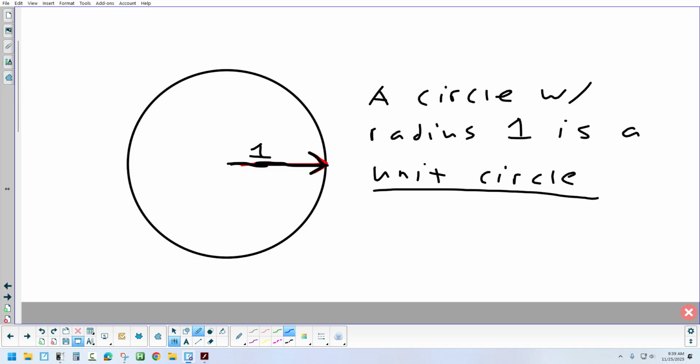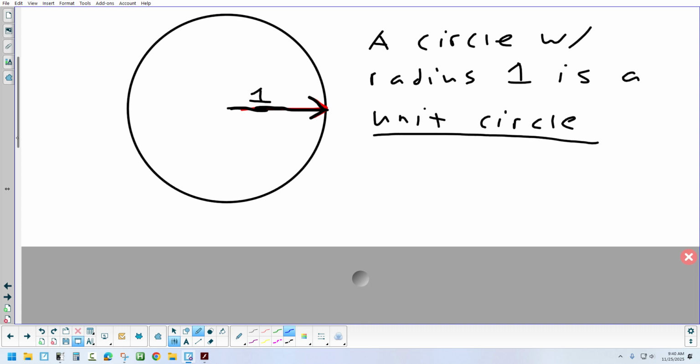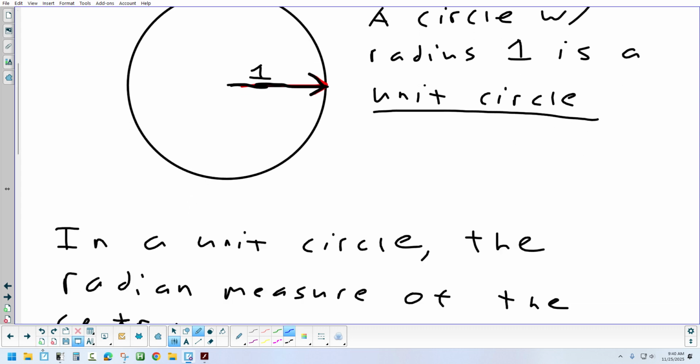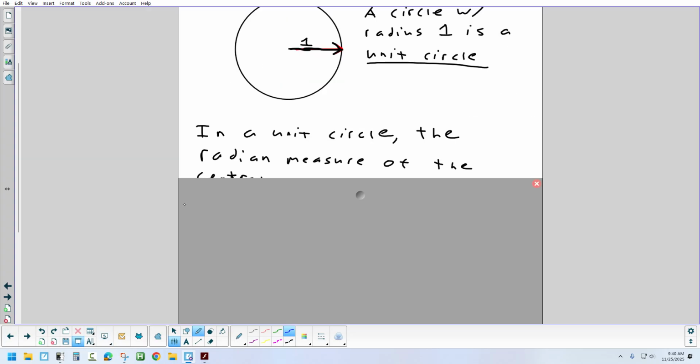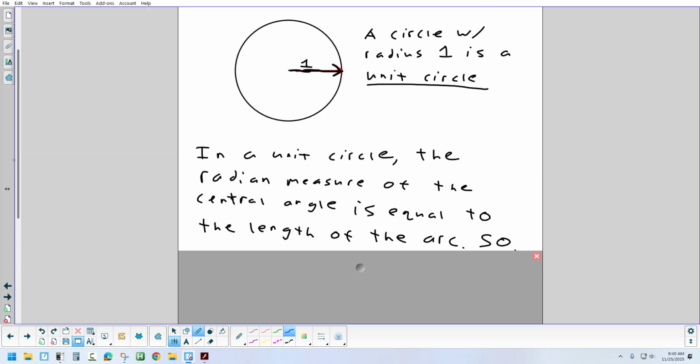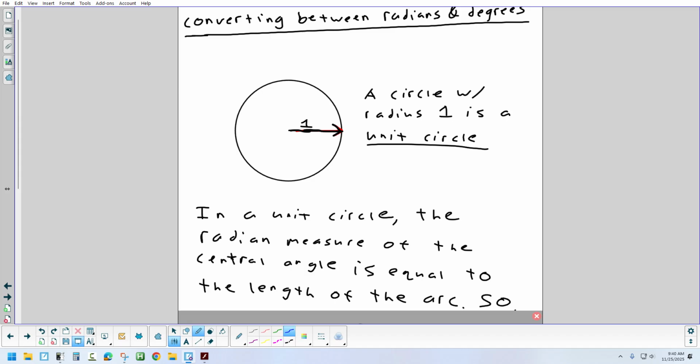And there's something very special that happens in a unit circle. And I'm going to tell you what that special thing is. In a unit circle, if you measure an angle in radians, let me draw an angle, like that. And let me move that 1 so it doesn't look like it's measuring that. 1 unit from there to there. That's the 1.